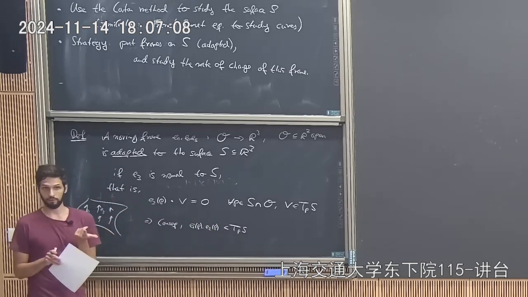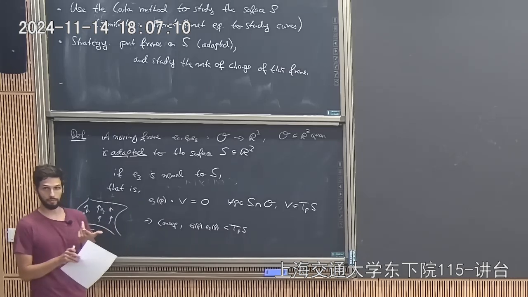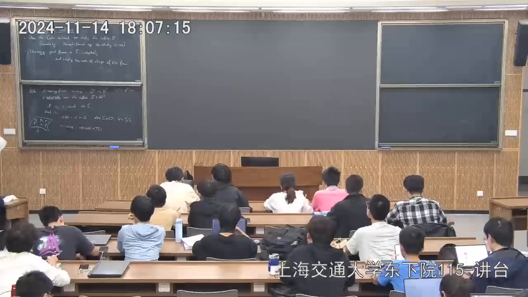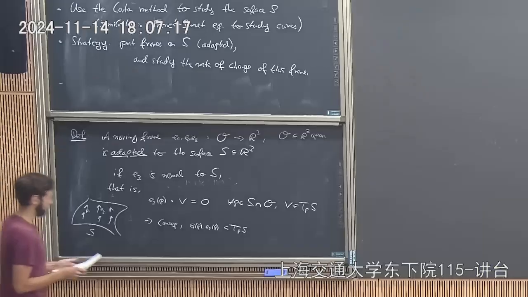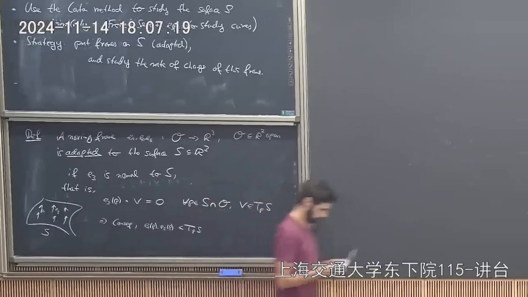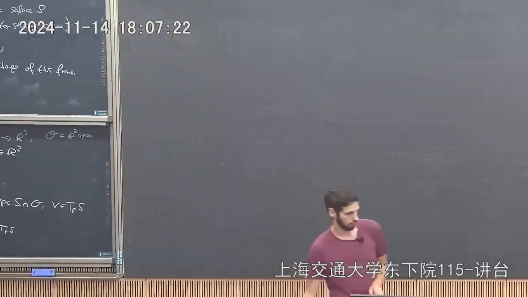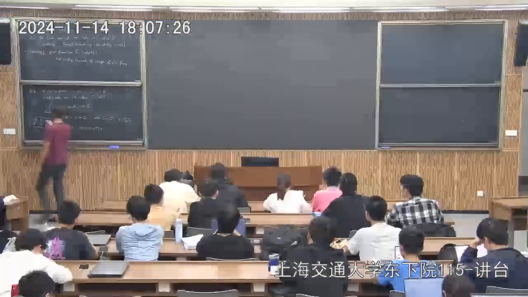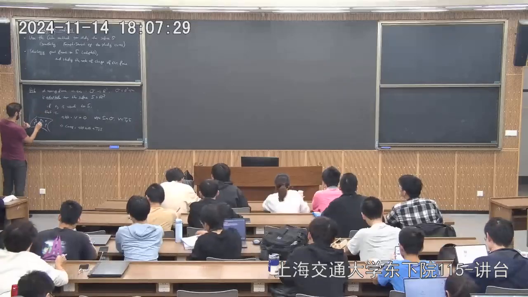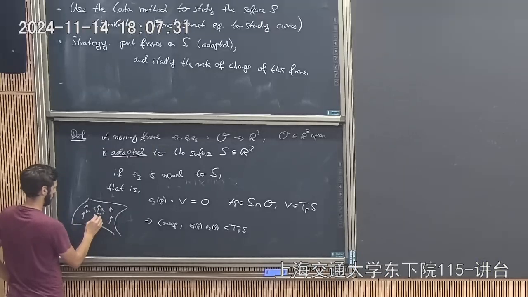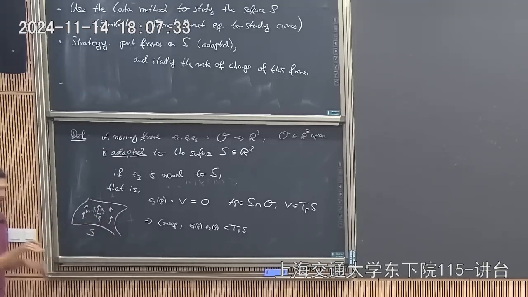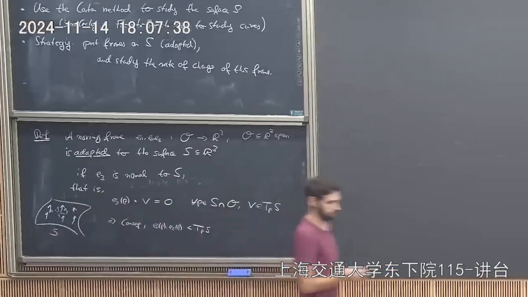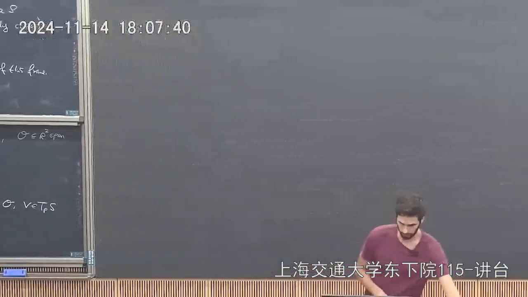So there are only two dimensions left, and because our surface was two-dimensional, these two have to be elements of the tangent space. In the picture, E3 is in the normal direction, and then we have E1 and E2, which span the surface.